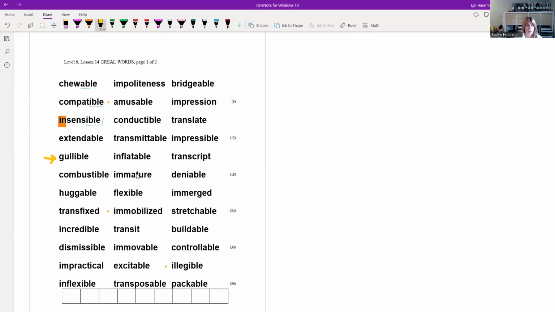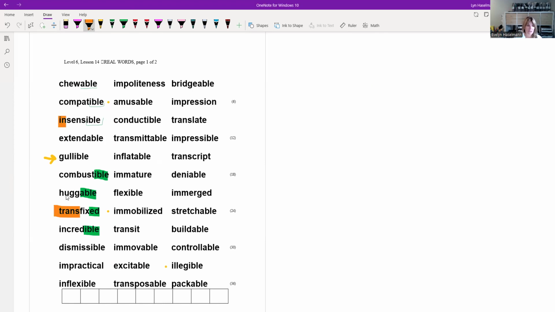Okay, so again, that is my strategy, is to go through and find suffixes, find any prefixes. So this might be trans. And then read the whole word. So combustible, what is your base word?